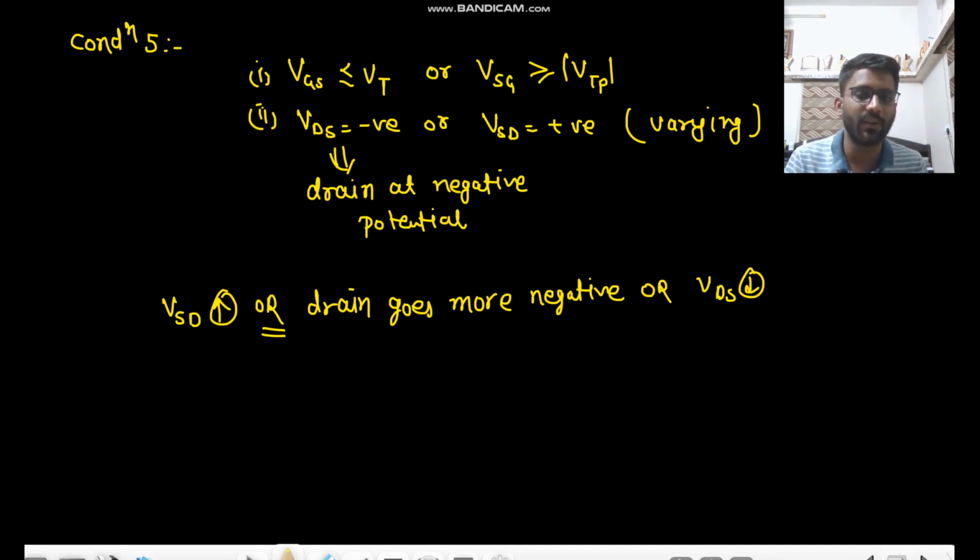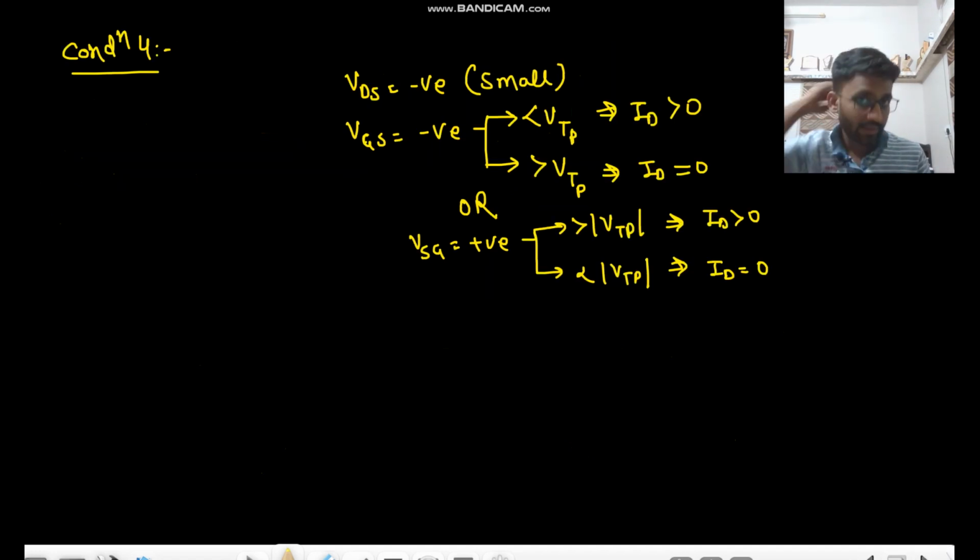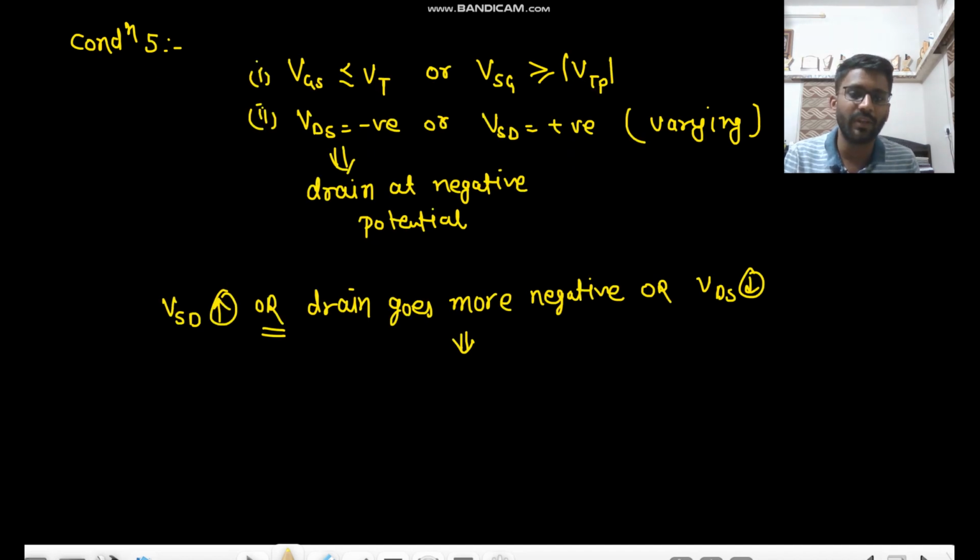Then what will happen? If the drain goes more negative, more holes will be attracted because of the depletion layer formed. If the drain goes negative, more holes will be attracted and the current ID will increase.